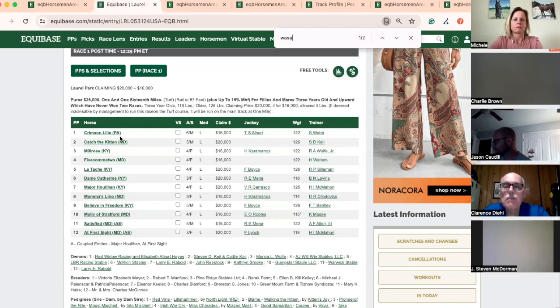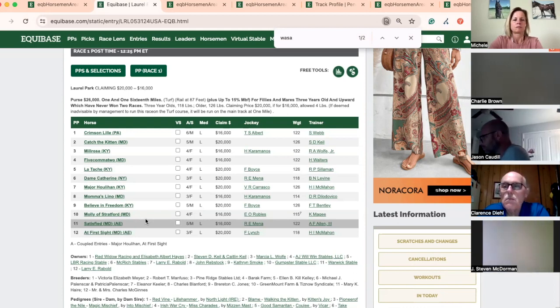And the racing secretary shakes up the pill box and pulls out the numbers. He has a bunch of cards, each entry has a number on the back, and he'll say number 10. In this case, Molly of Stratford pulled the number 10 pill, and she got the 10 hole there. Then they call that out, and they just go all the way down the order. So it's all randomized, old-fashioned.